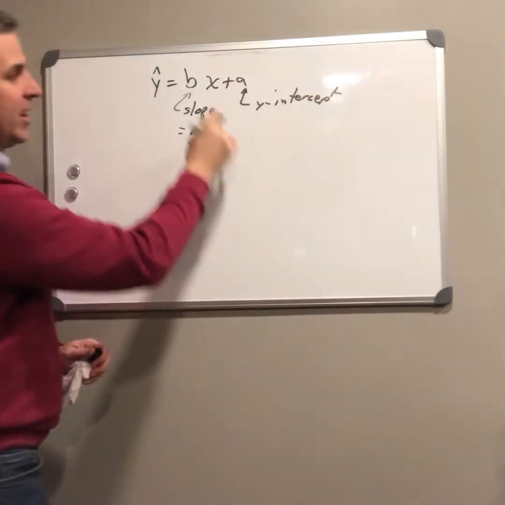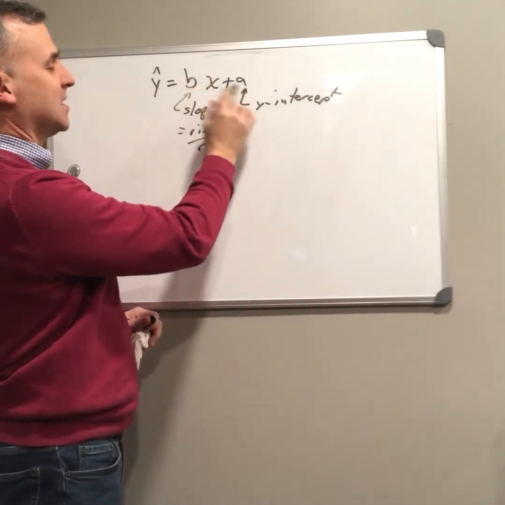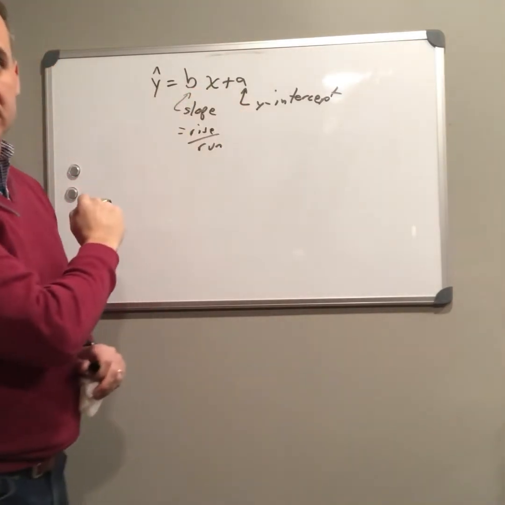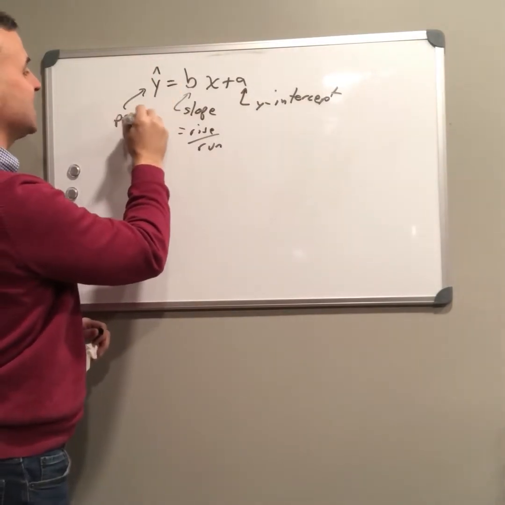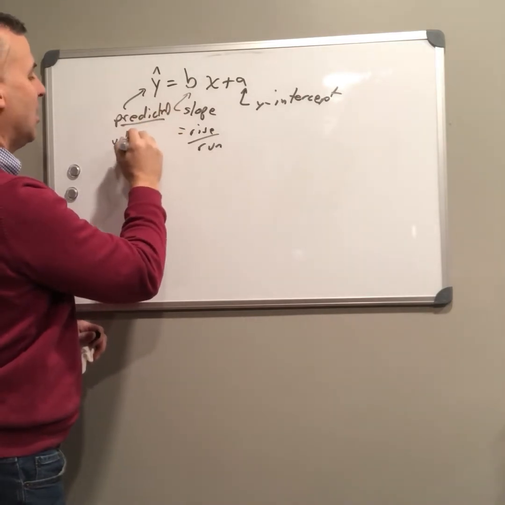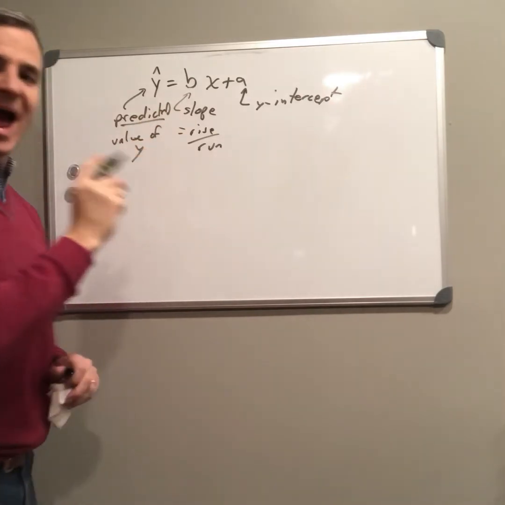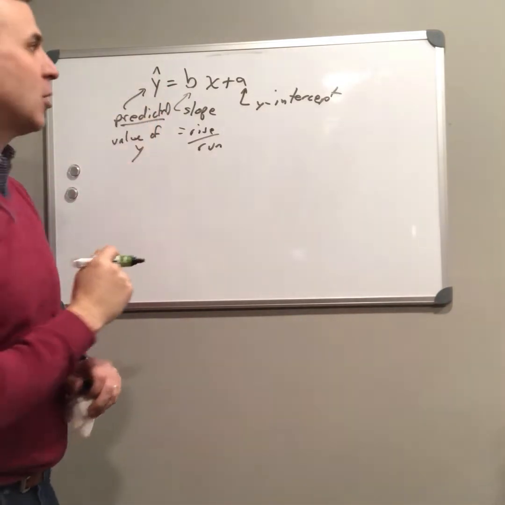It is a scaling variable, right? Or not variable, it's a scaling constant, so that it corrects the scale of x to meet the scale of y. This y hat, of course, is our predicted value of y. It's not the actual value of y, it's the predicted value of y based on my equation.